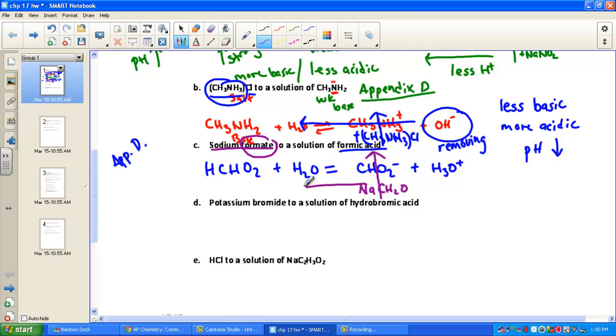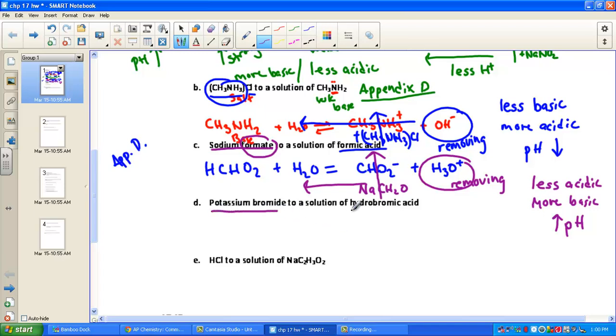Le Chatelier says it's going to push left, and when I push left, I'm removing hydronium ions. Removing hydronium makes it less acidic. Or some people's minds just work like this. They say more basic. So the pH starts to climb toward the base range on the pH scale.